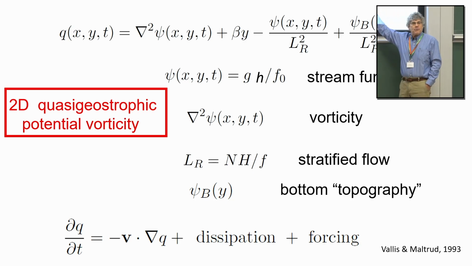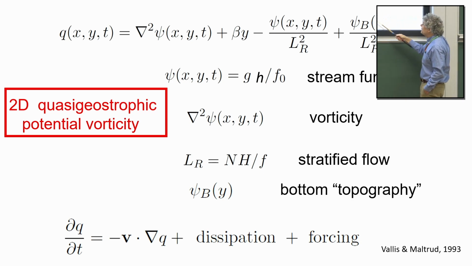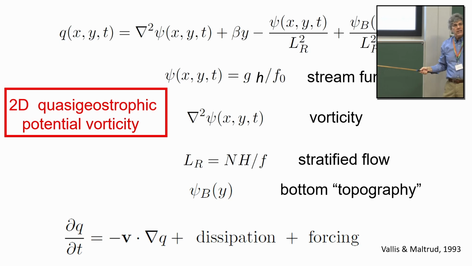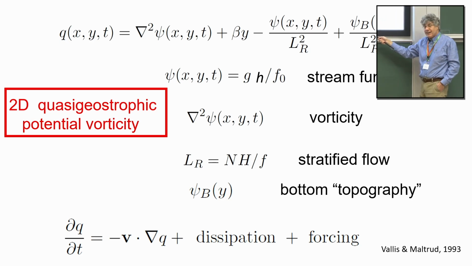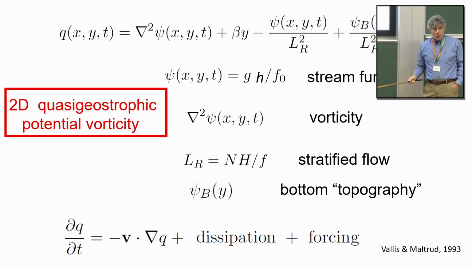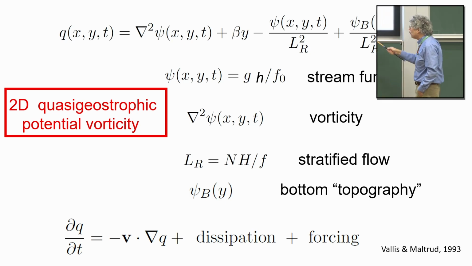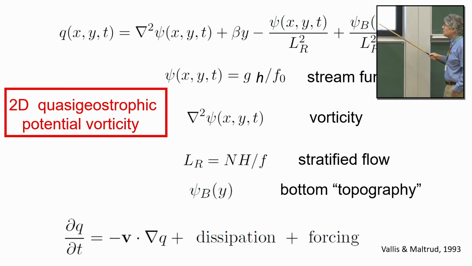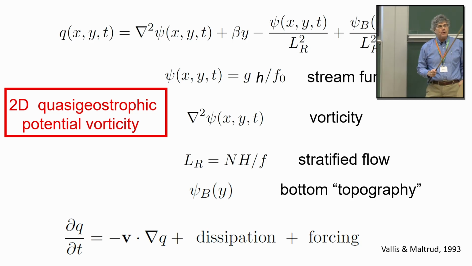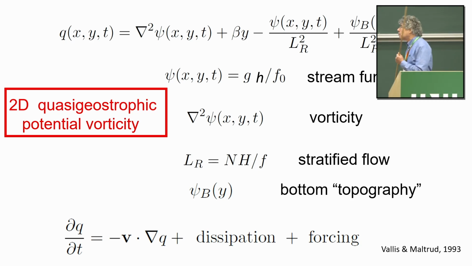There's some sort of stratification that is parameterized by a deformation radius. The deformation radius for a continuously stratified atmosphere would be the Brunt-Väisälä frequency times the vertical pressure scale height divided by the local Coriolis parameter. And then there might be a bottom topography if you were doing an ocean, but probably not on Jupiter. There's really no bottom topography at all.